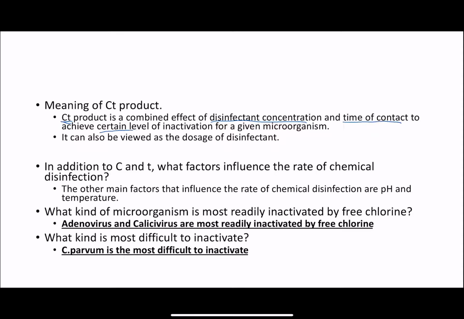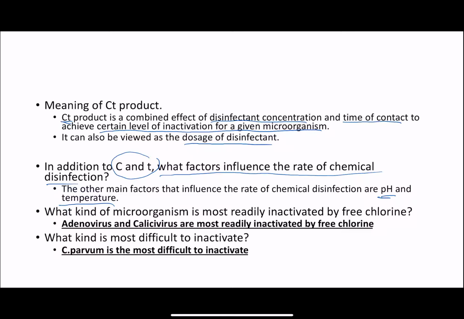In addition to C and T, what factors influence the rate of chemical disinfection? Of course C and T will affect the rate, but the other main factors that influence the rate of chemical disinfection are pH and temperature.